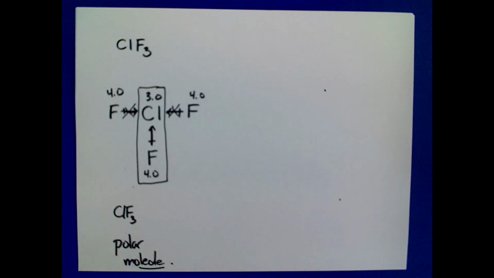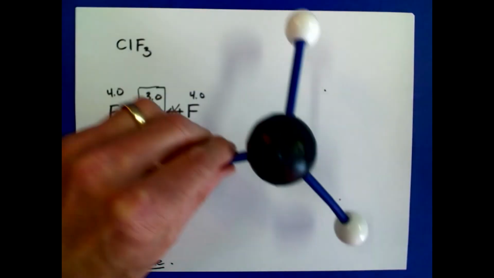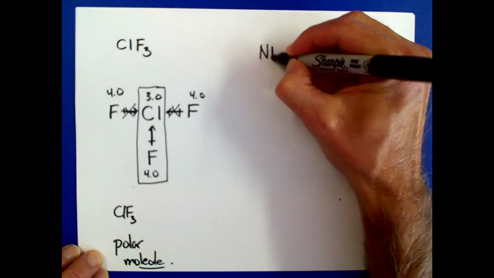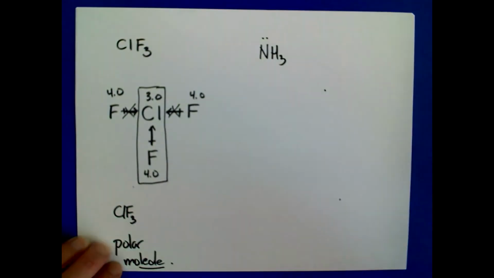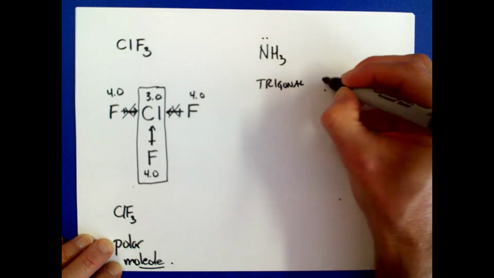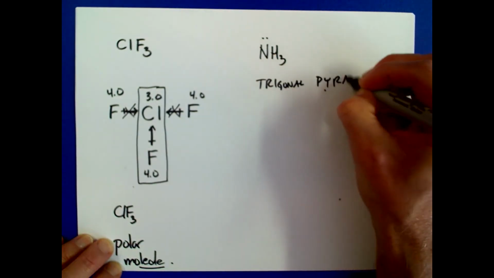This gets a little tougher. Sometimes you're going to have to think of this in 3 dimensions, such as the case with ammonia. You might remember that ammonia is a trigonal pyramidal molecule.